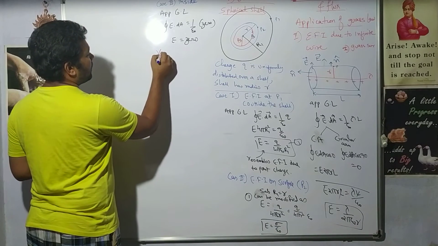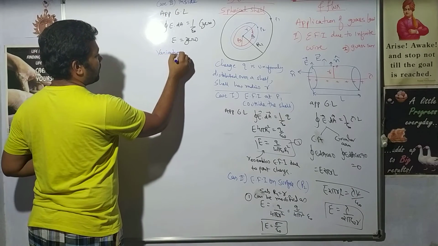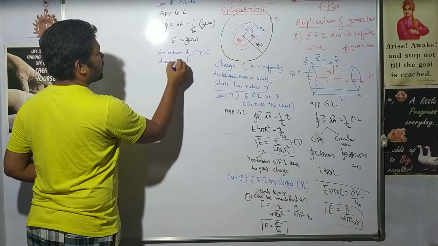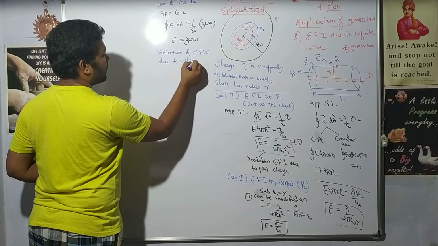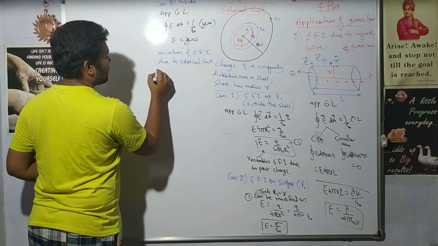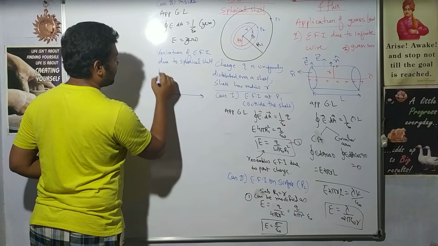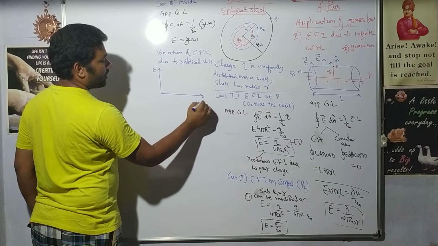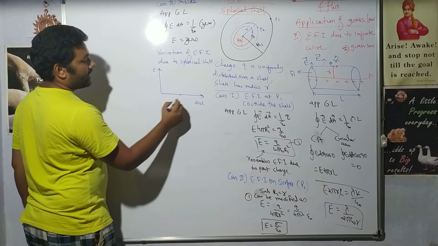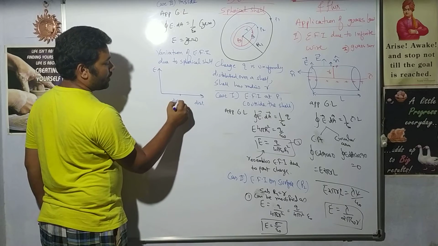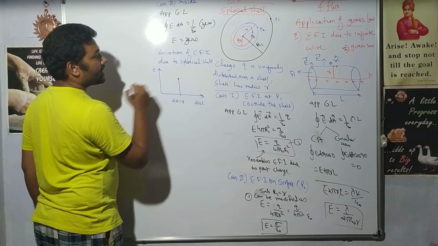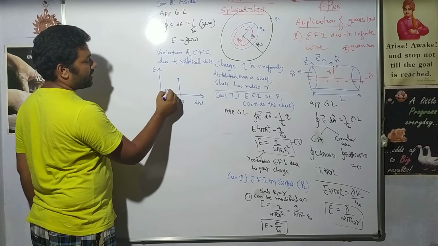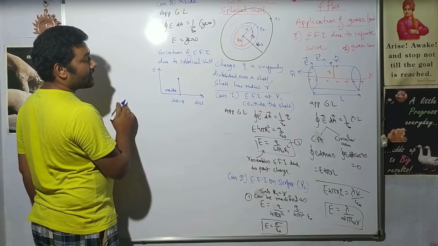Variation of electric field intensity due to a spherical shell, how will it be? We just plot a graph, right? This is the electric field intensity, this is the distance. Exactly at a radius r, there is some electric field intensity. Inside it is 0.